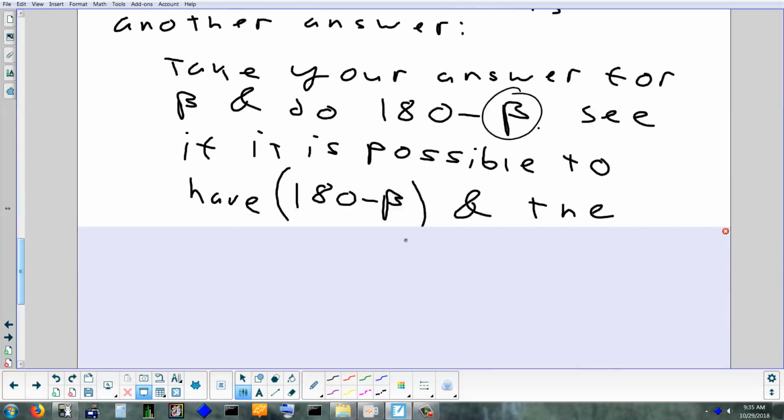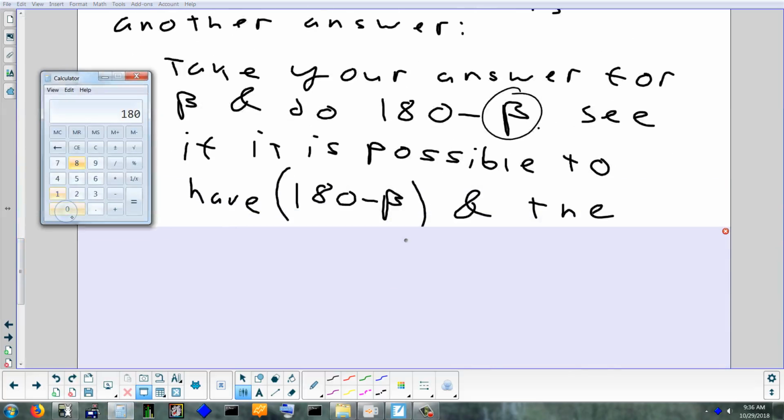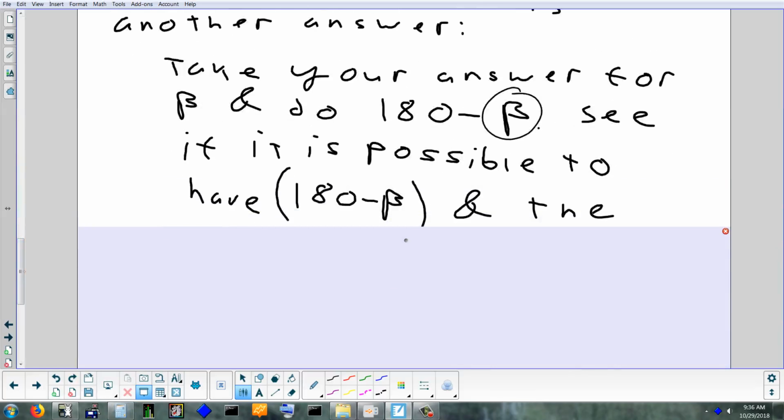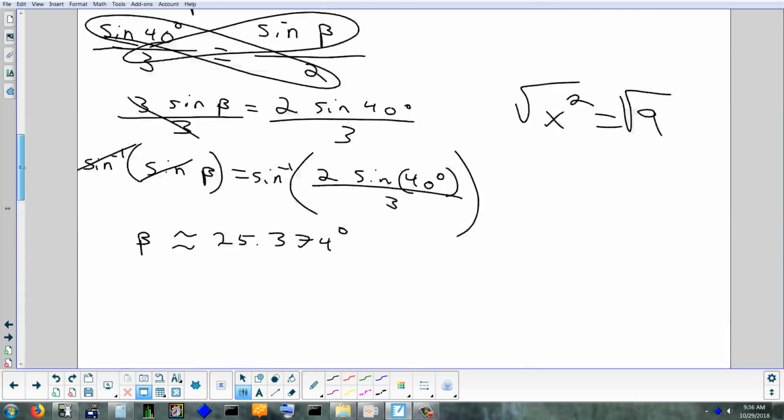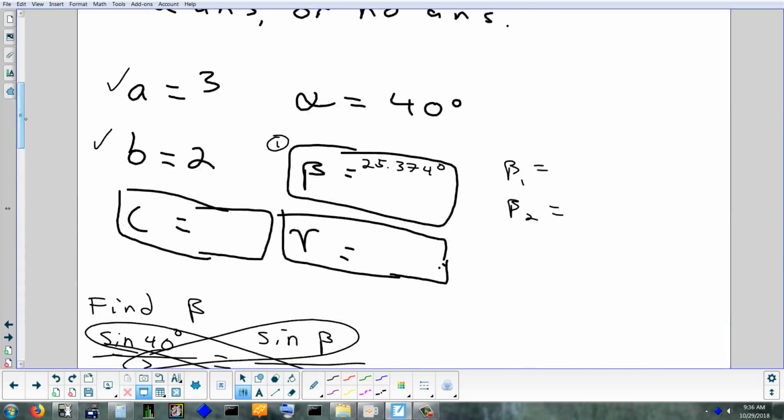Okay, well, let's do that first. 180 minus 25.374. So if there is a second answer to this problem, it's 154.626. Okay, let me scroll back up and look at what they gave me. I'm not going to write that in the box yet.